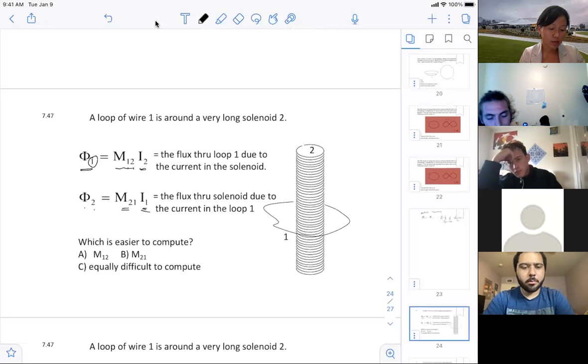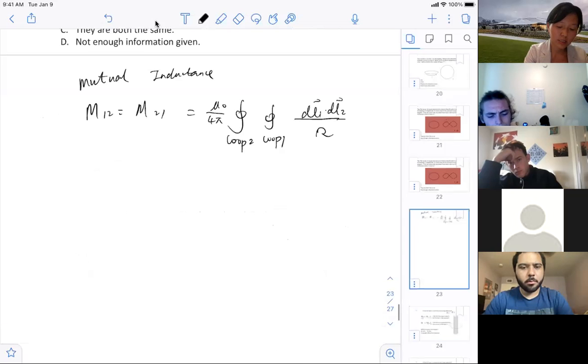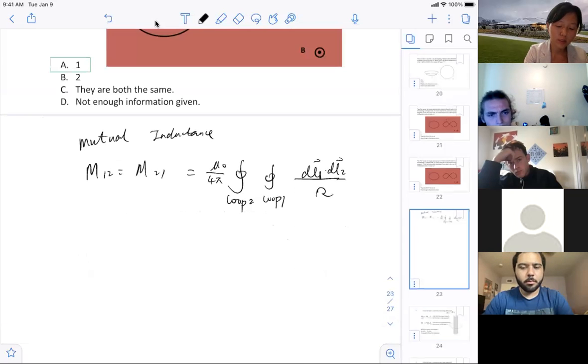Okay, so depending on the geometry, sometimes it's easier to calculate one of them, but these two are equal. So here M12 is equal to M21, because you can see dl1 and dl2 are both factored in this calculation. So these two are equal.